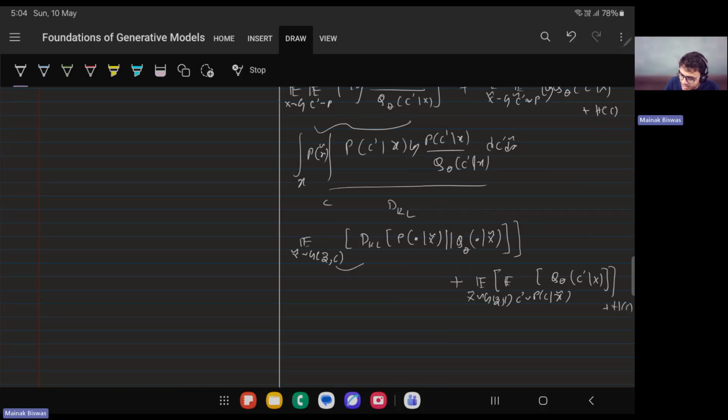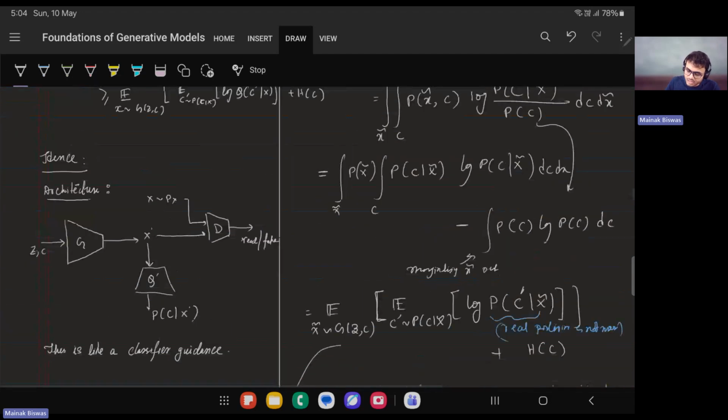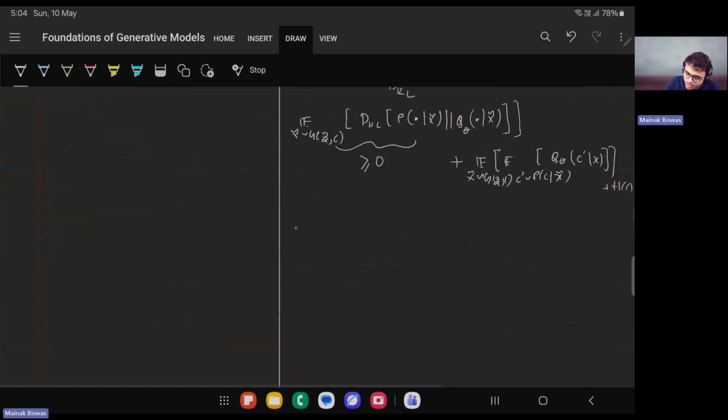And this term I can't calculate. This is always greater than 0. So the mutual information between C and the generator of Z comma C is always going to be greater than this, because I have to drop this, as P is not known.